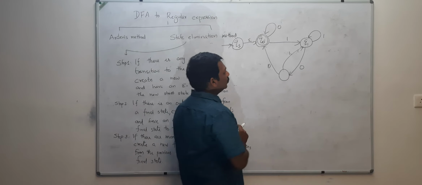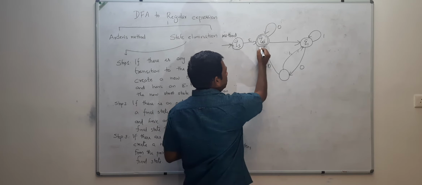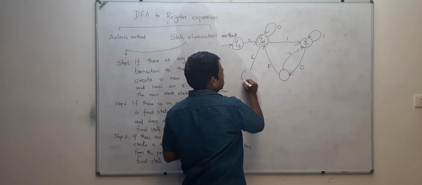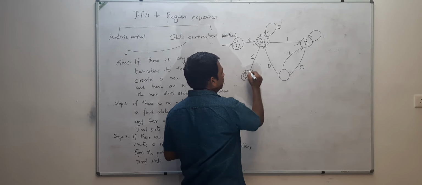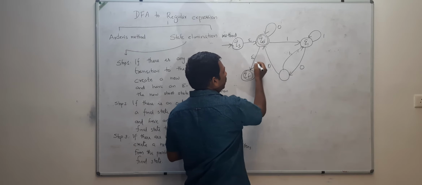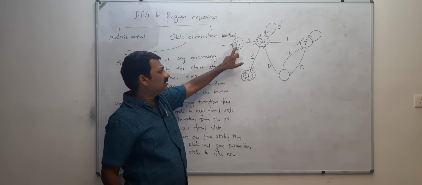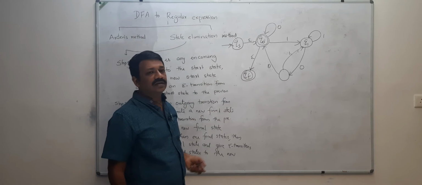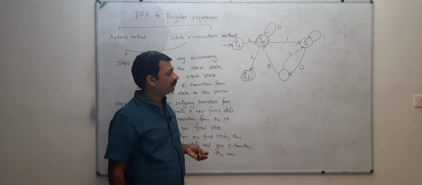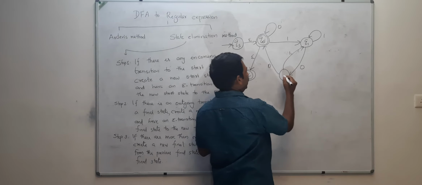So I am going to have a new final state, say QF, make it the final state, and create an epsilon transition to it. Now QS is the start state and QF is the final state. Okay. Now Q0, Q1, Q2.